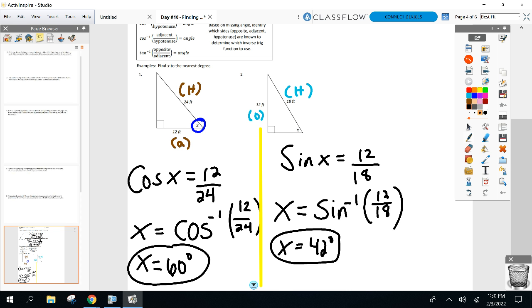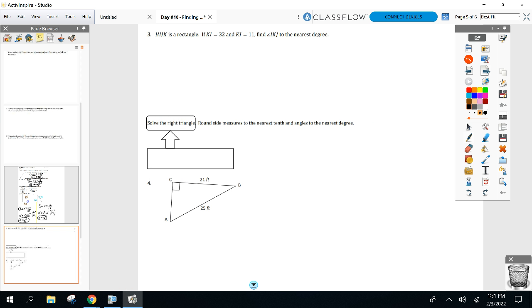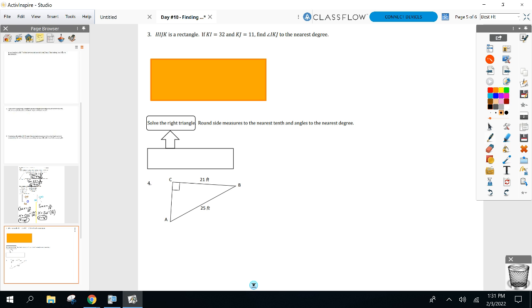All right, let's apply it to some quadrilaterals like I've been doing a lot this unit. Rectangle time. Quick review. Can you help me? How do I label this? I know H-I-J-K, and I put them at the corners, I know.